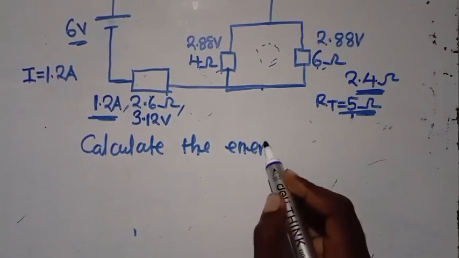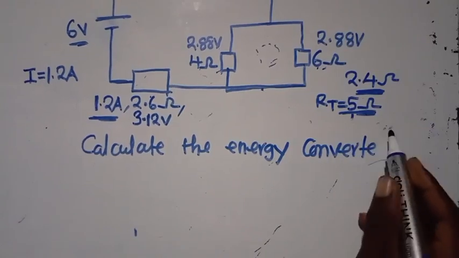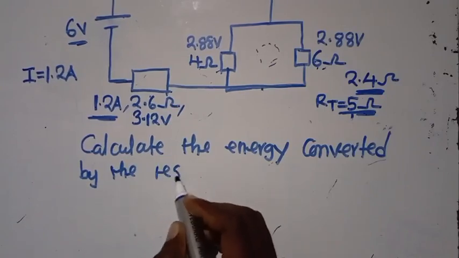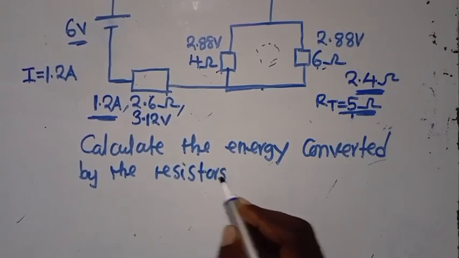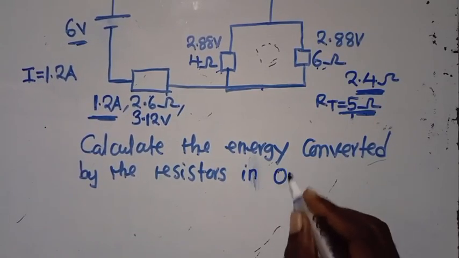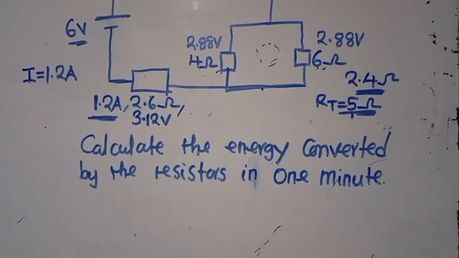So how can you calculate the energy converted by the resistors in 1 minute? How can you answer such a question? We want to calculate the energy that is converted by the resistors in 1 minute.